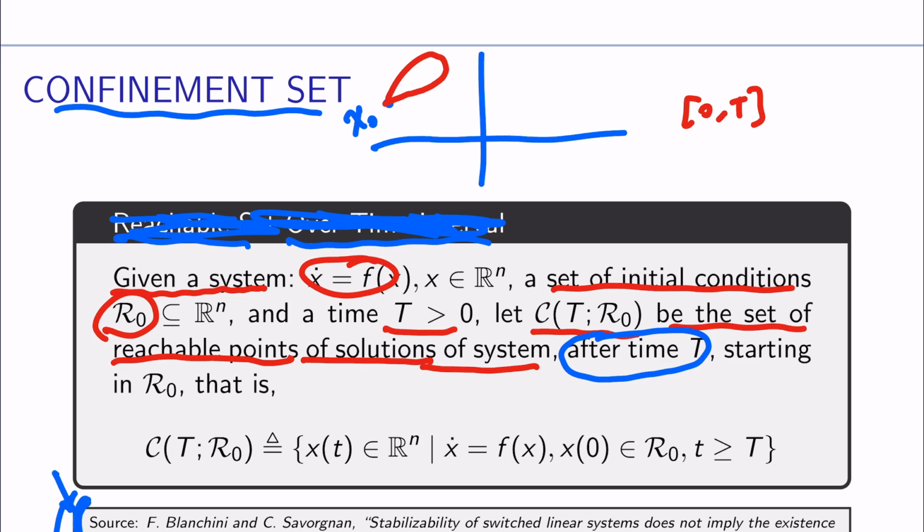Wait a sec, maybe it is going like that, so I better get another color. Maybe it will be something like this. Okay, because it should also cover that.